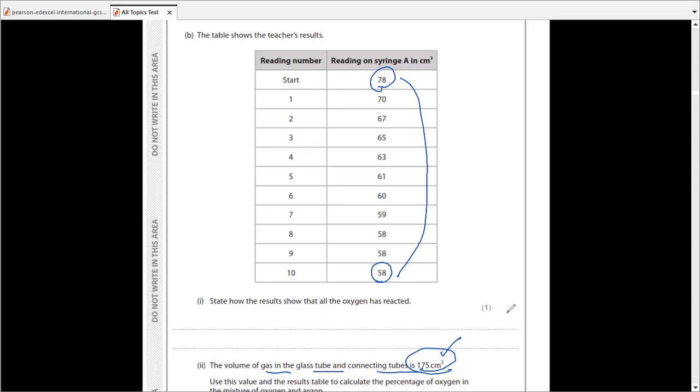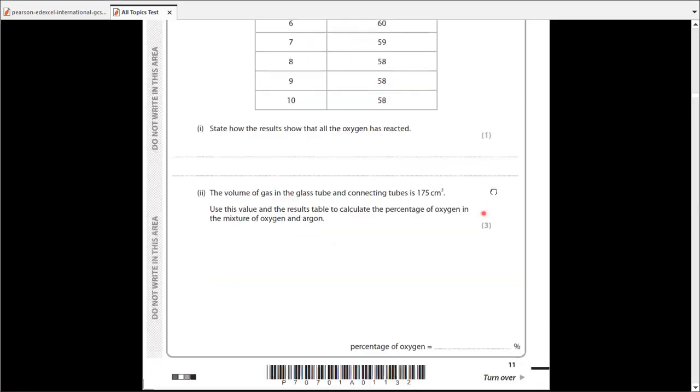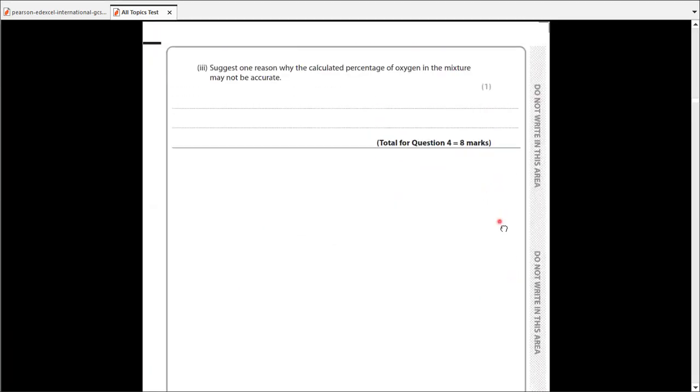Unless you know how much oxygen you have consumed, you won't be able to calculate the percentage. You might need to go back and forth in the question to find the values you need to use for a calculation question. So it's better to go through the question once again in order to find the values you're supposed to use.